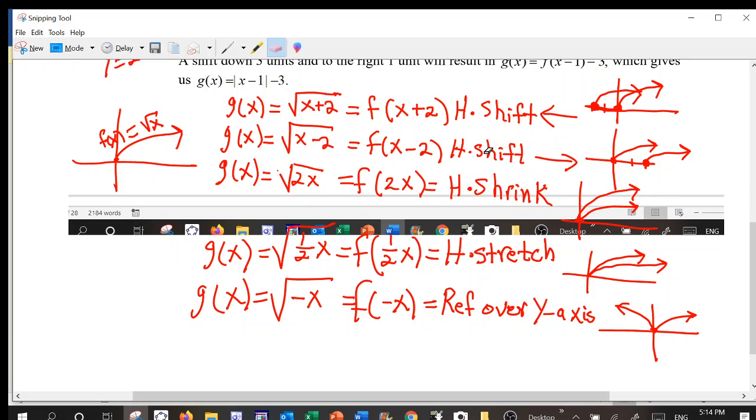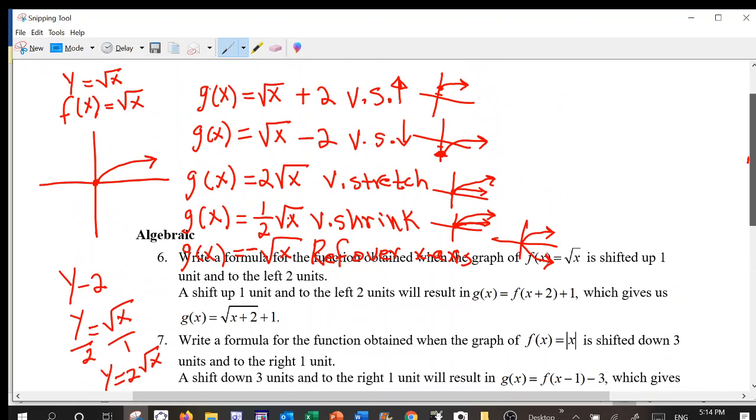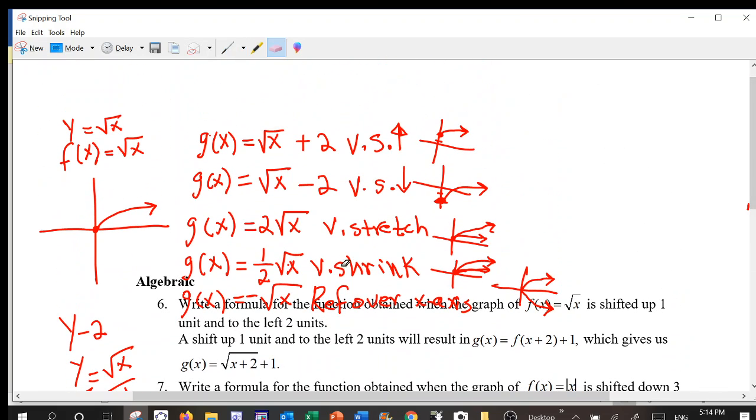So these are transformations that are the results of doing something to x, and those that we talked about before are transformations that are results of doing something to y, to the right-hand side.